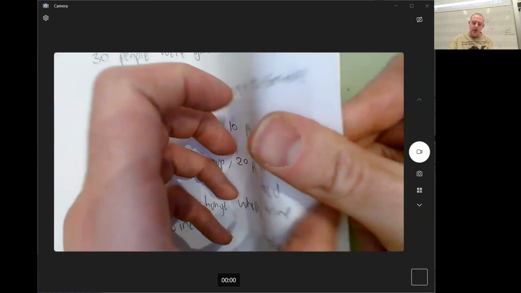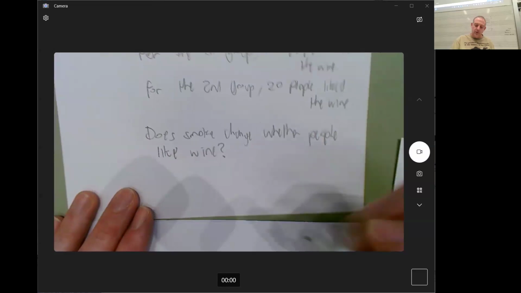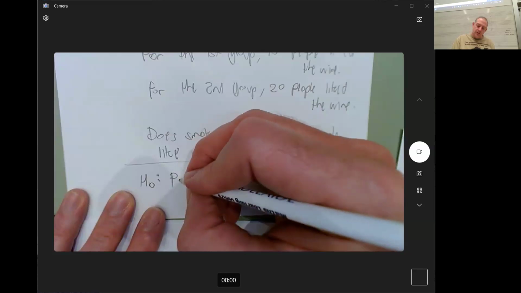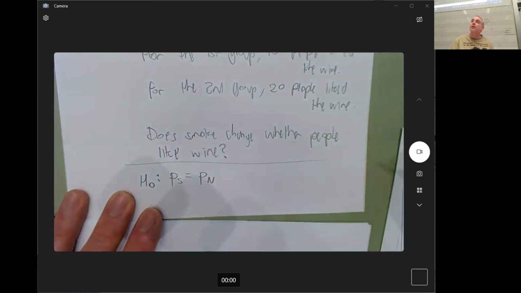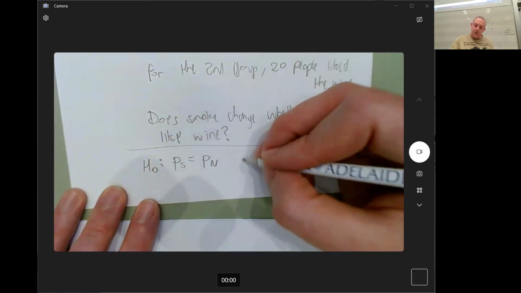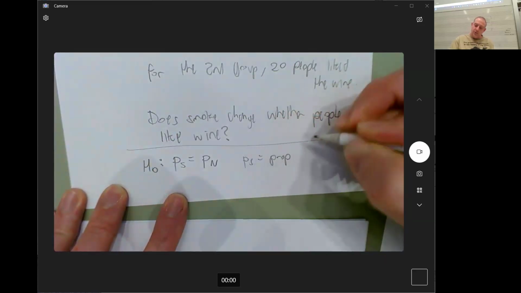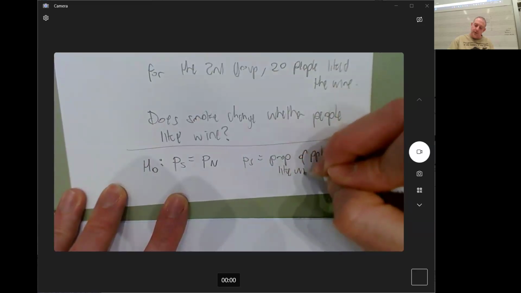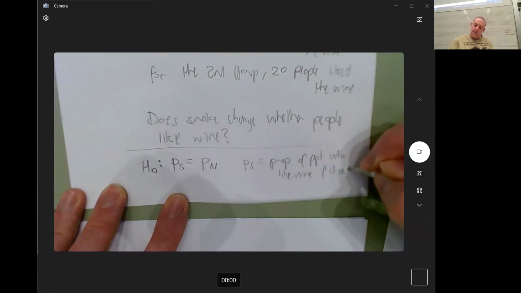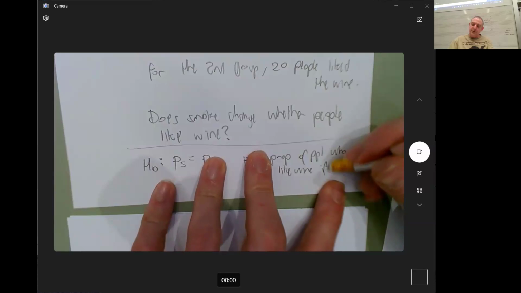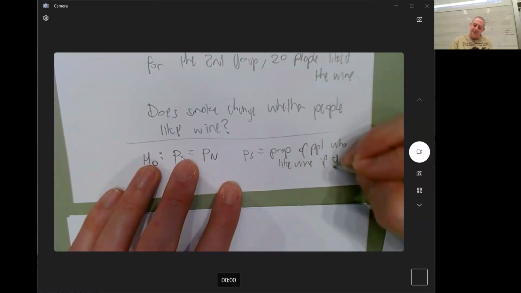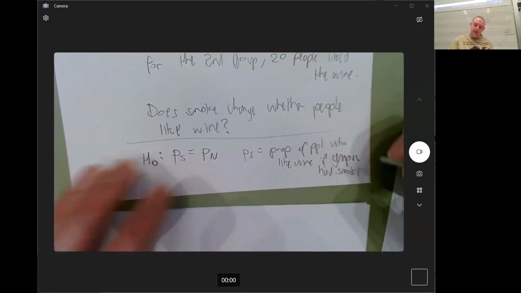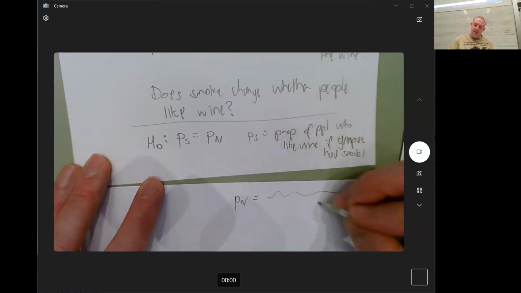So H naught is that P smoke is equal to P not smoke, where PS is the proportion of people who like wine if the grapes had smoke, and PN is the same but no smoke.